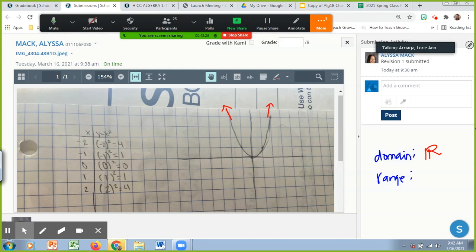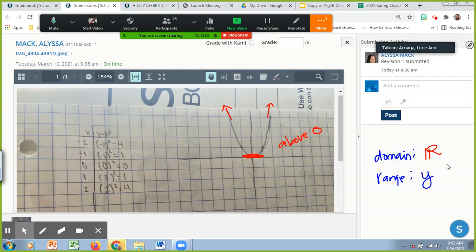What about the range? For the range, you look at the lowest y value, right? So what is the lowest value there? The lowest is 0, and everything else is above 0. So how are you going to write that for the range? The range is y and then what? It's above, so do you say greater than or less than?